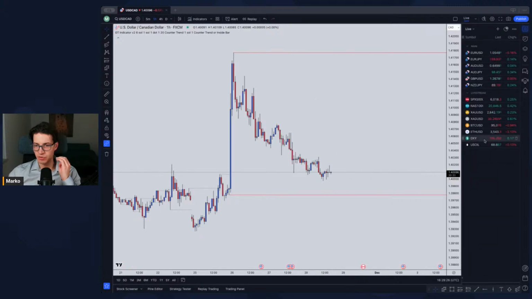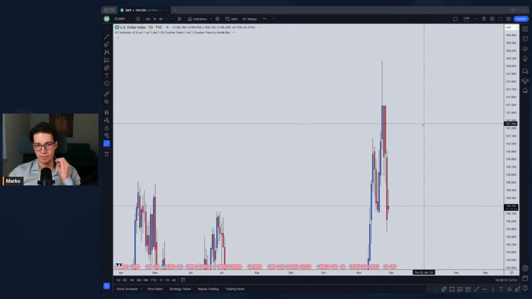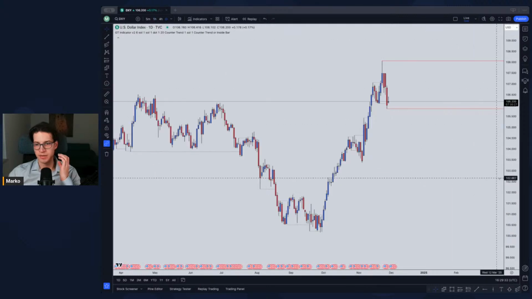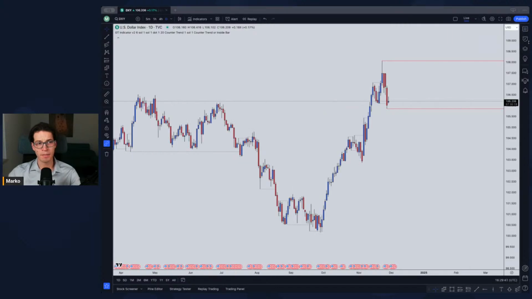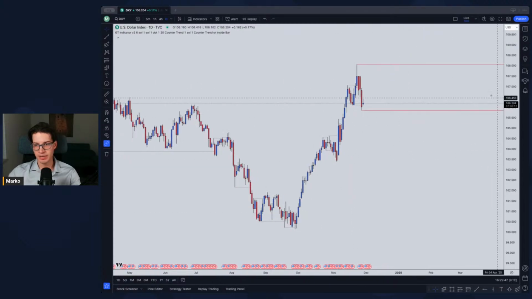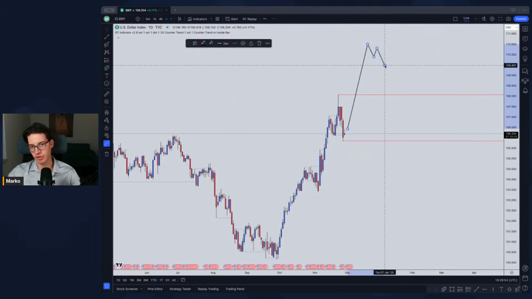Now I want to switch to the DXY, so the dollar index. Why is this important? Well, I have three currency pairs that are connected with the DXY. The DXY measures the strength of the US dollar, and if this thing continues going up, it could mean some very strong trends on the dollar pairs, which means we can make some percentage, okay?